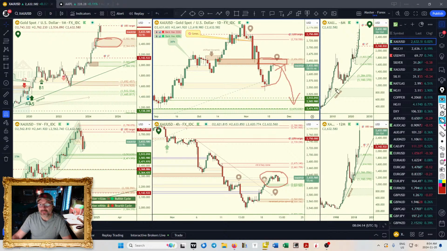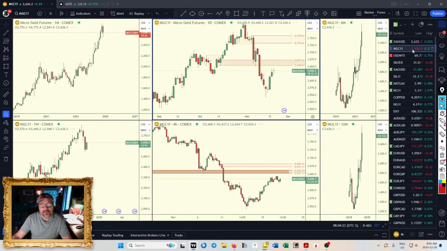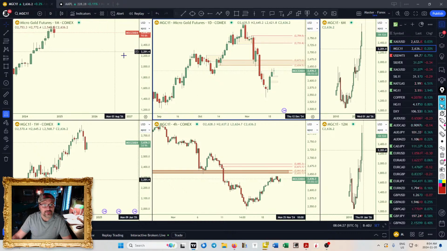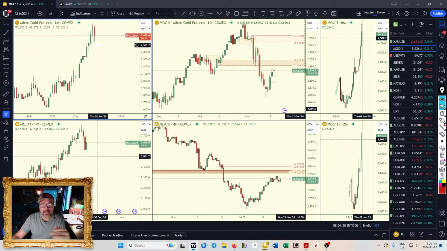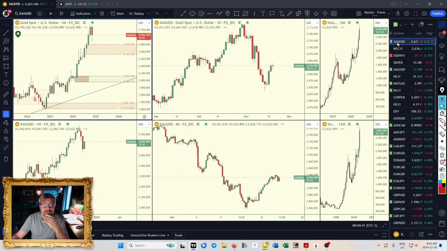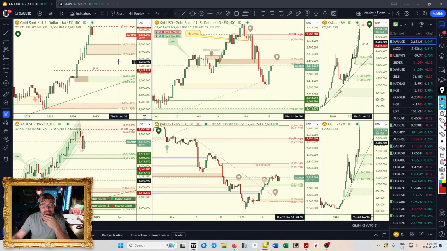Now, the interesting thing is that if you look at this exact same area of demand on the micro futures chart, you'll see that the demand zone has actually been contacted to a certain degree. So it's a little bit tricky. The data is, on one chart it's telling us no, it hasn't been hit, and on another one it's telling us yes, it has been hit.